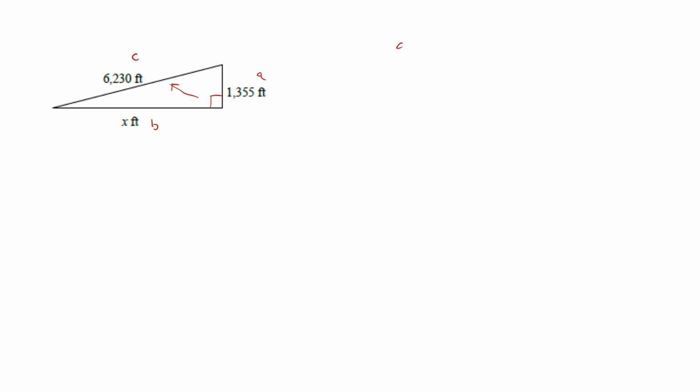So starting with our formula, x squared plus b squared equals c squared. I'm going to substitute in my given values. So for A, I have 1355 squared plus b squared, which is my x, and then c is 6230 squared.